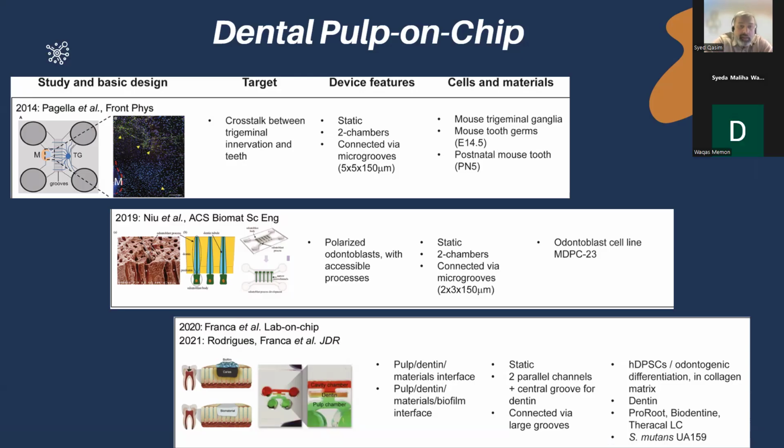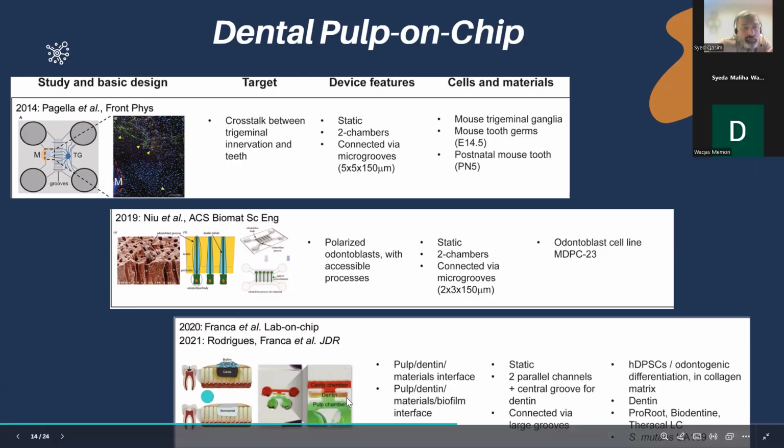I think they compared with ProRoot, Biodentine, and TheraCal LC, and they were also testing it against Streptococcus mutans, seeing whether within the channels, which you can see in the image on the bottom left, they were trying to mimic dental pulp on a chip, and trying to study how the dental pulp, along with this collagen matrix, will have an effect.